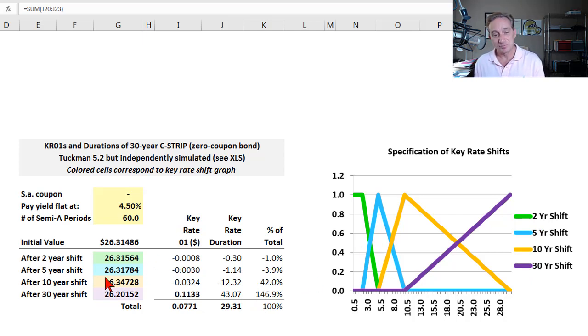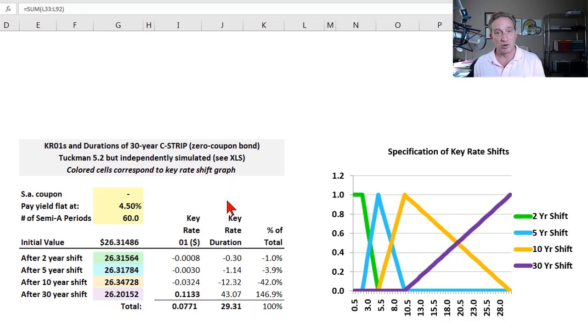And so now that's why Tuckman uses this as the platform to go and hedge with several securities, because the idea is that now we can make a decision to hedge with a replicating portfolio and protect ourselves against non-parallel shifts.